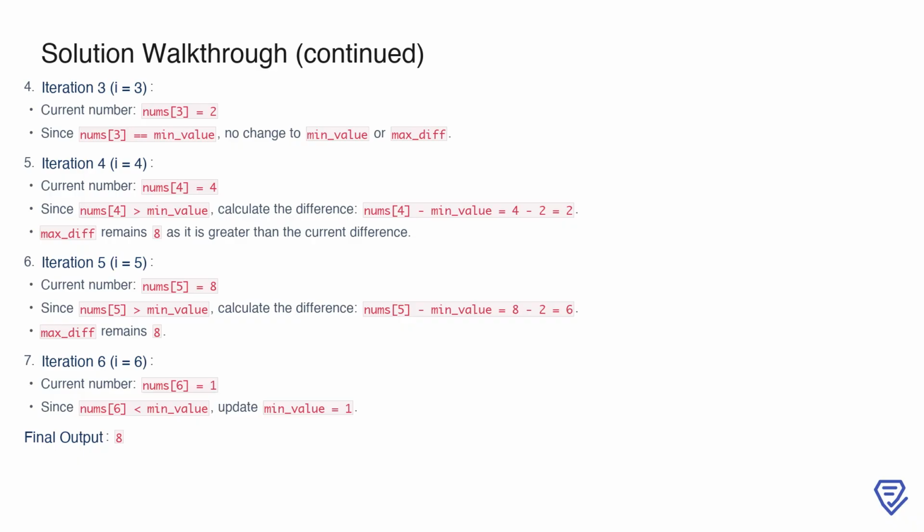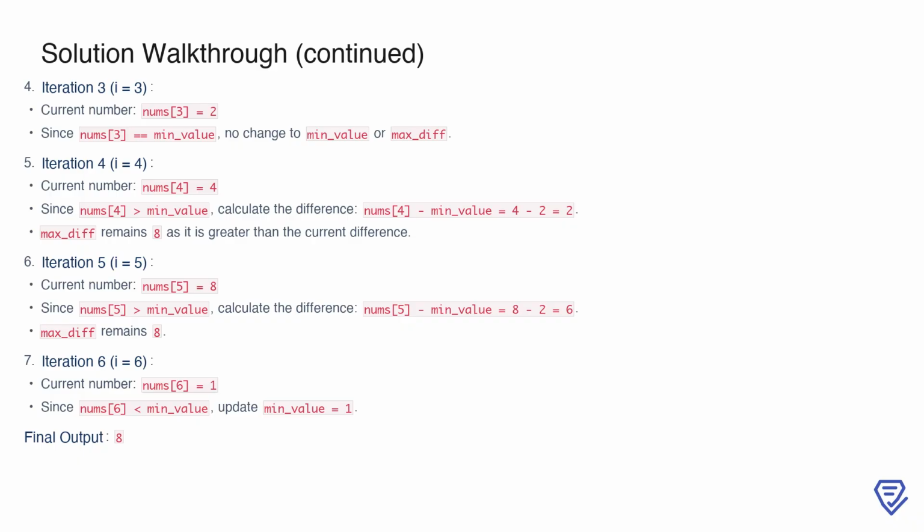Next, we examine nums[4], which is 4. Since 4 is greater than min_value, we calculate the difference, 4 - 2, which equals 2. However, this is smaller than the current max_diff of 8, so max_diff remains unchanged. Then, we move to nums[5], which is 8.